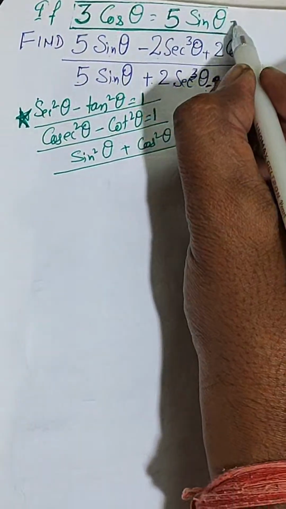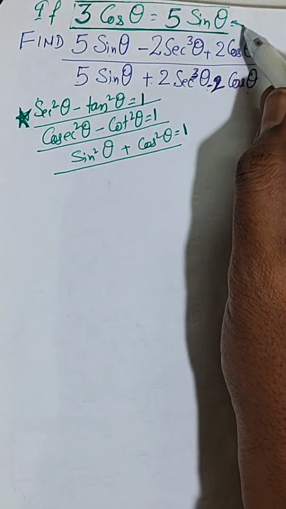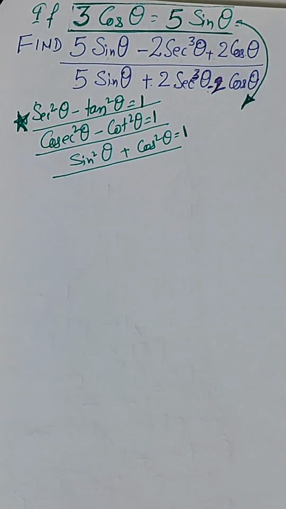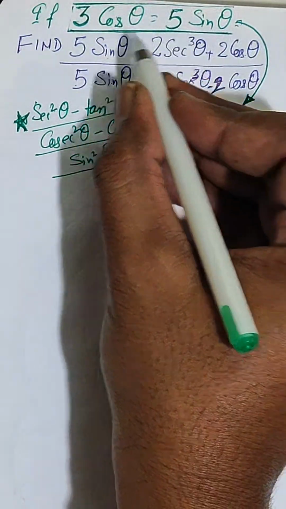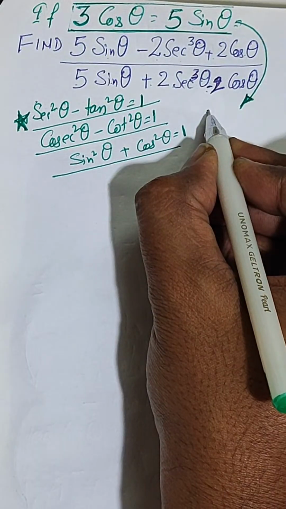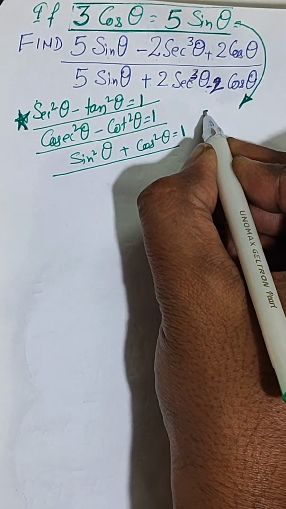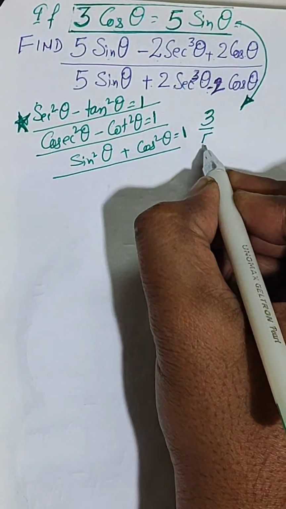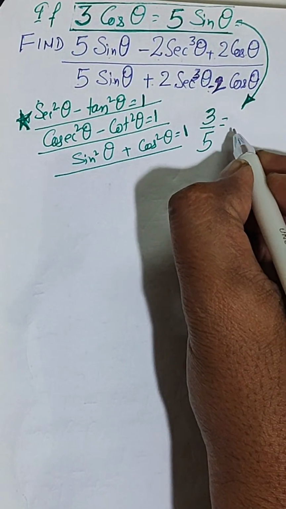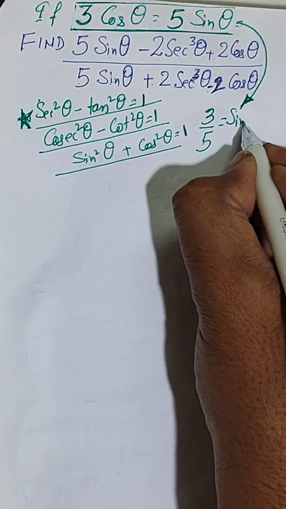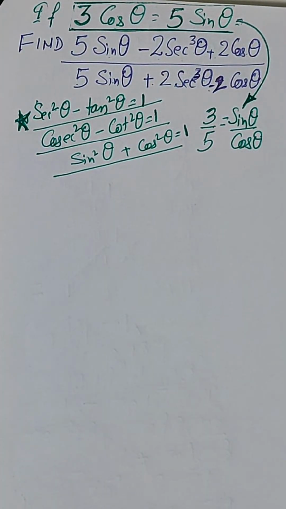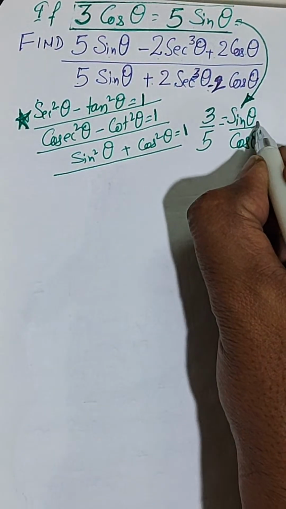So 3 cos theta equals 5 sin theta, then we can write 3 by 5 as the value of sin theta by cos theta, isn't it?